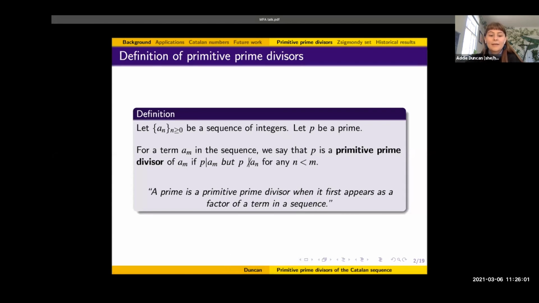In other words, a prime is a primitive prime divisor when it first appears as a factor of a term in a sequence. So the ideas we're thinking about are prime divisibility of terms in sequences, but also when these primes occur. Really what we're interested in is the first time you find a prime in a particular sequence.